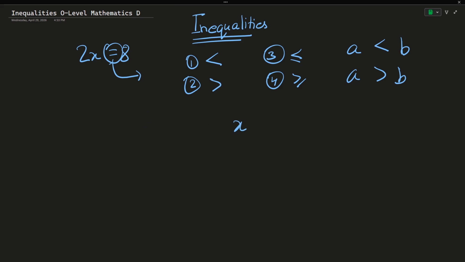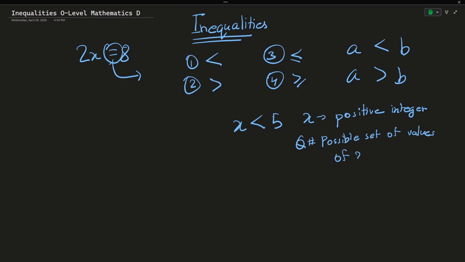Let's say you have a variable x and it says that x is less than 5. Now the question says that x is a positive integer and you have to find the possible set of values of x. So if you want to find a solution, that would be all the positive set of values of x. So this is my set, and the possible solutions of x are going to be 1.